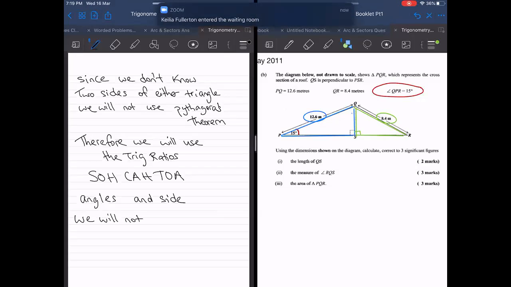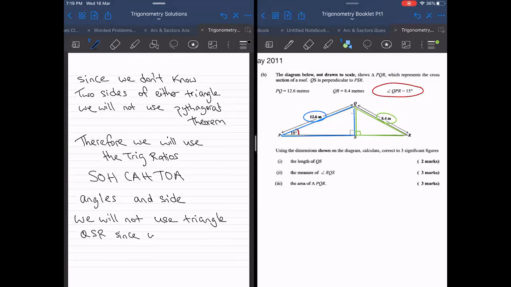Right? So we will not use triangle QSR since we don't know any angle apart from the right angle.